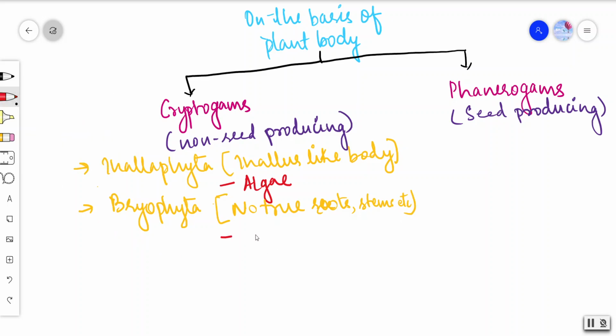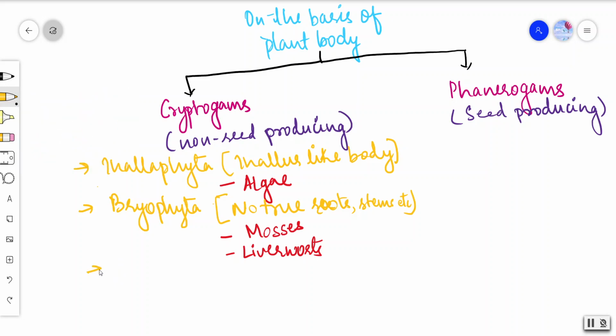I have just discussed the bryophyta in the vascular tissues classification. Yeah, tell me. Yeah, it's mosses. Very good. And liverworts. Yeah, very good. I know you are all getting it.